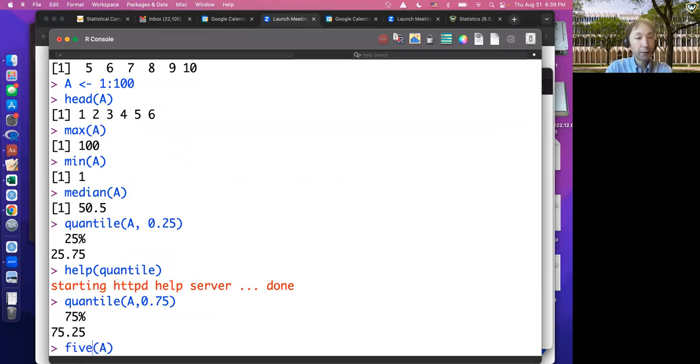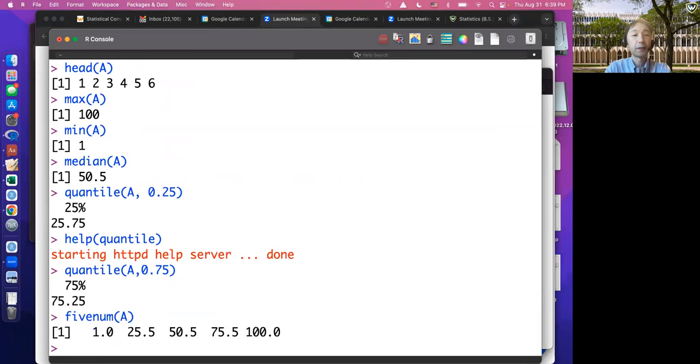And the fivenum function returns 5 numbers. The first one is the minimum, and the second is basically the 25th percentile. This has a slightly different definition from the quantile function, but basically it is the 25th percentile, or first quartile.